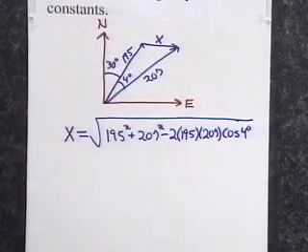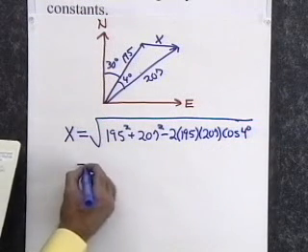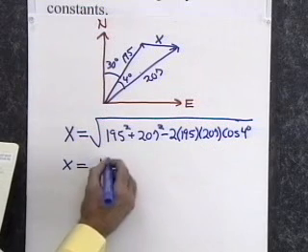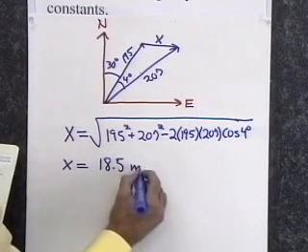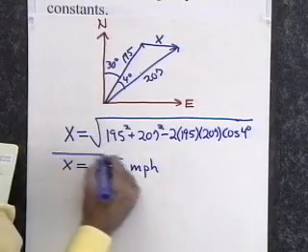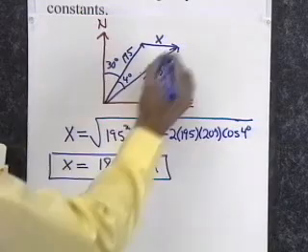Now I've worked that out on a calculator, and it comes out to be x is equal to 18.5 miles per hour to 3 significant digits.